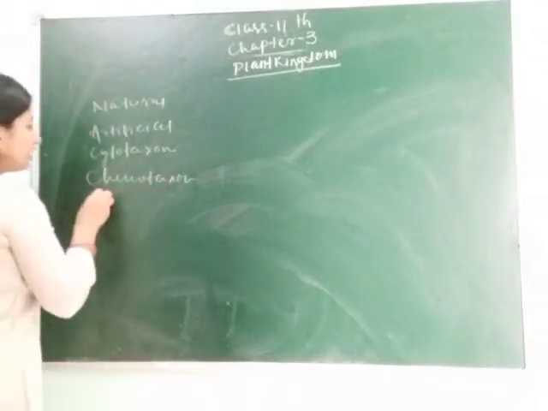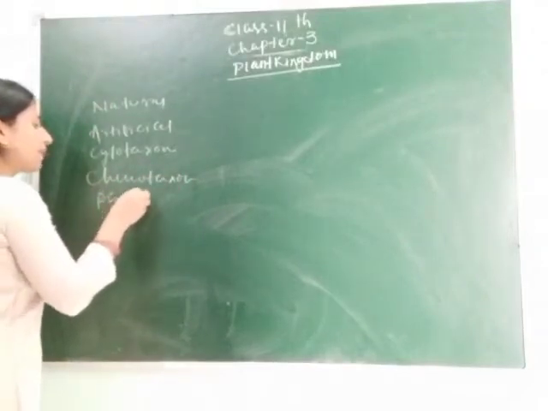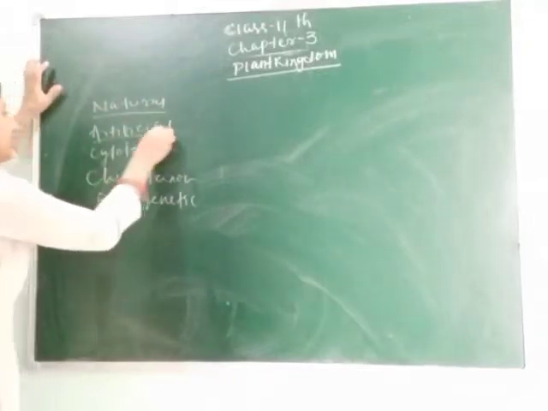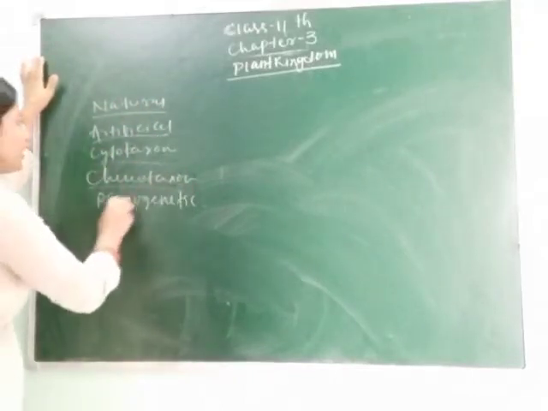Clear students? Again, phylogenetic also here. So let's understand what is natural, what is artificial, and what is cytotaxonomy, chemotaxonomy, and the phylogenetic classification system.